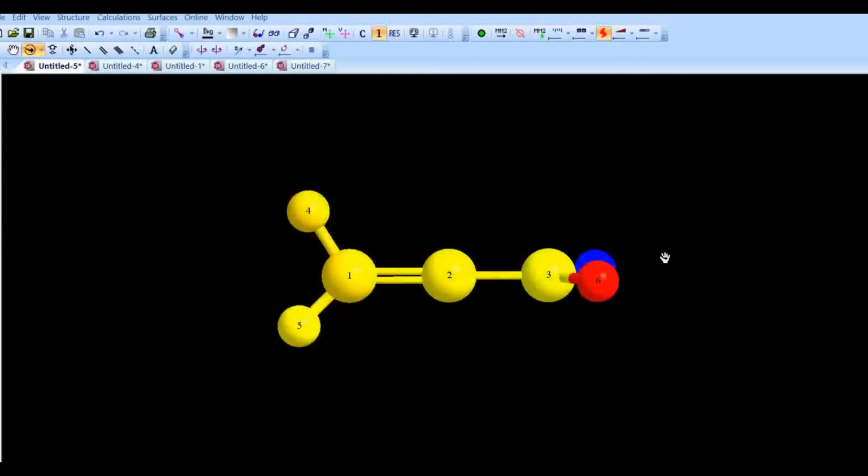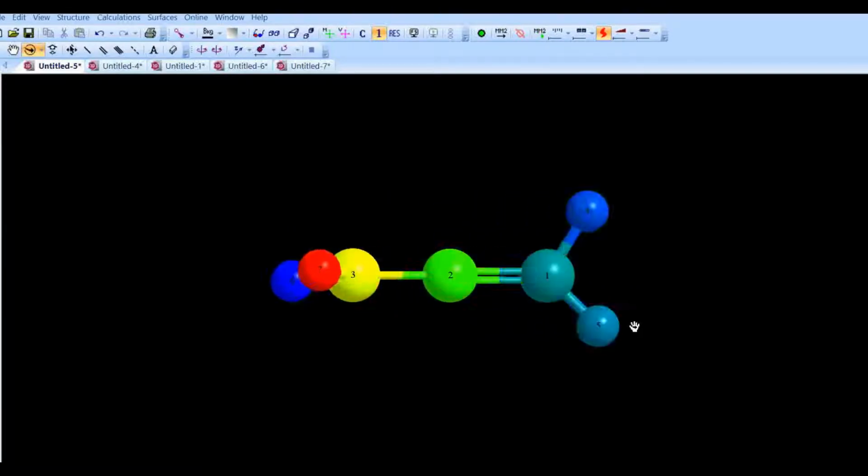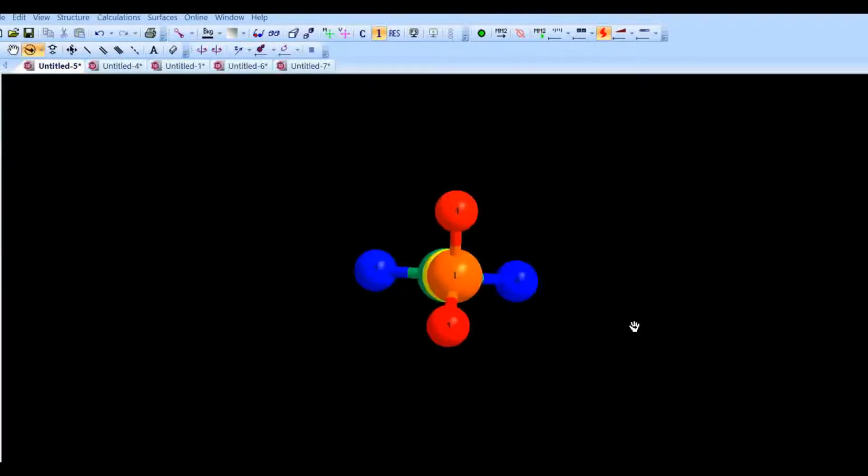And now see, the hydrogen atoms on carbon number 1 and the hydrogen atoms on carbon number 3, they are not in the same plane. You can also see like this. So this is the geometry of your allene molecule.